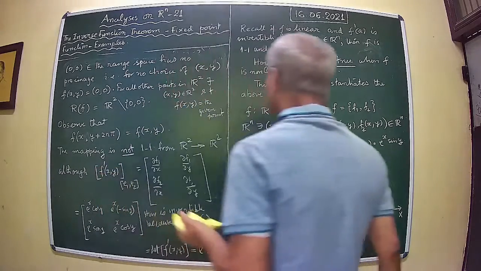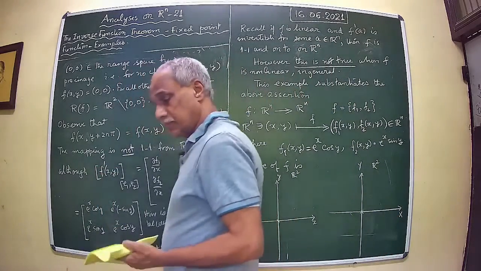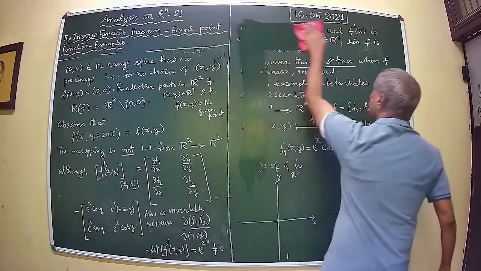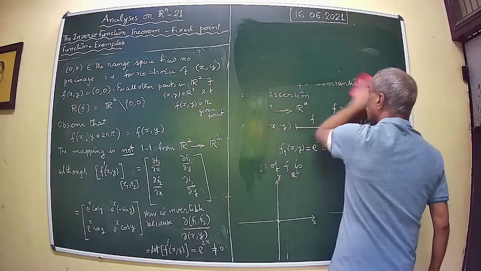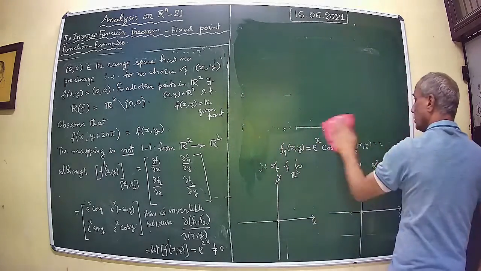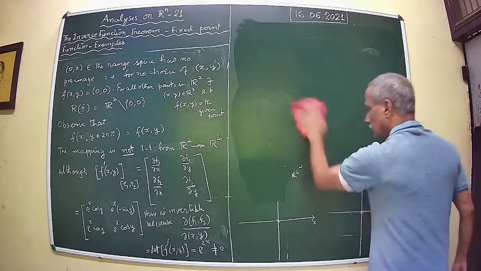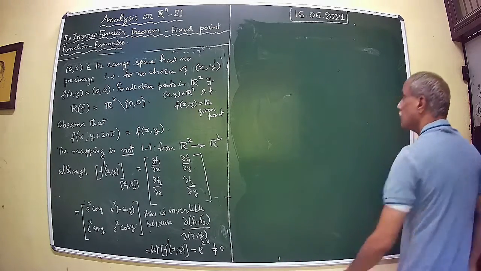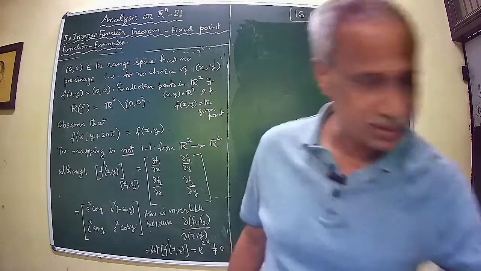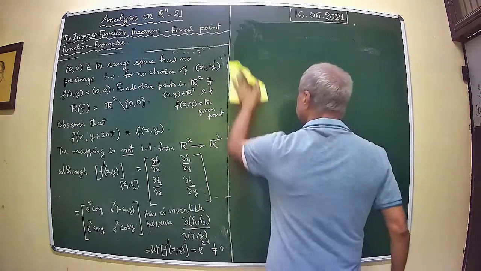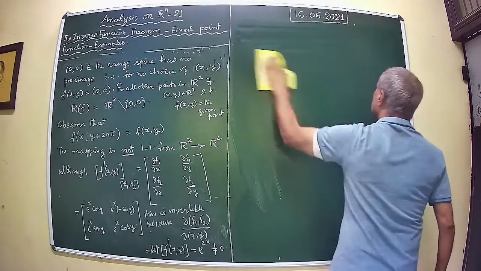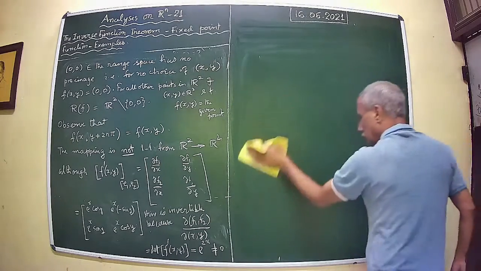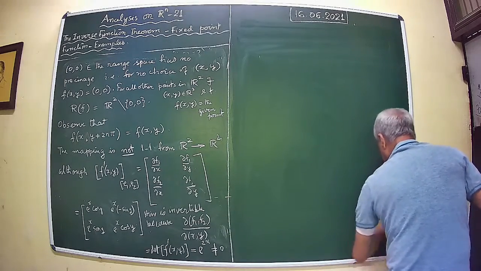So, f dash is invertible for every x. So, in this example, what happens is this: f dash is invertible for every x and y.